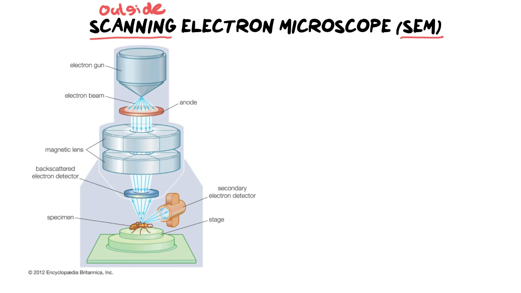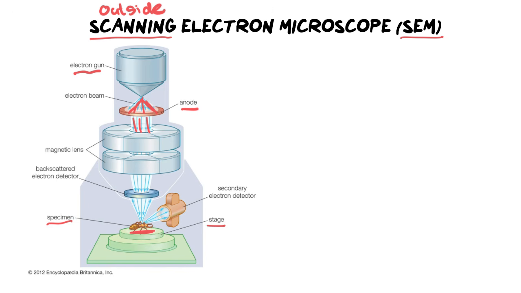The inside of this microscope is slightly different. We still have an electron gun shooting the electrons out, moving through an anode and through a magnetic lens. But on the other side, the stage and the specimen are on top of each other. It's in a different location, isn't it?